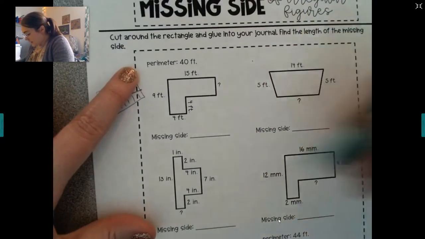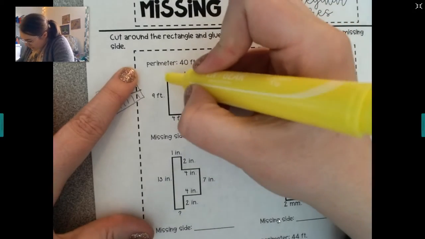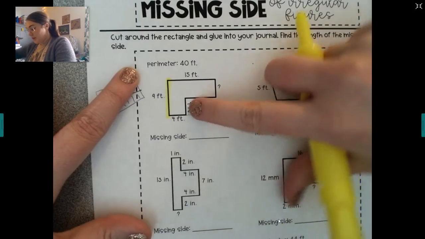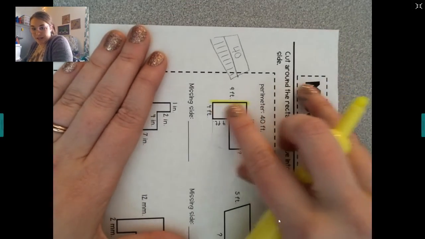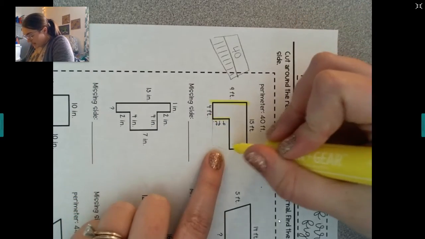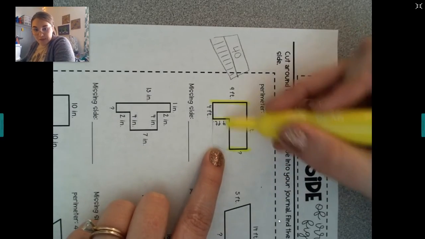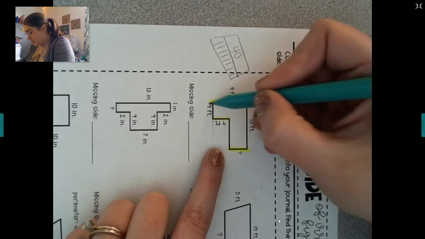If I was to make this a complete square, what would be the whole? In this case, it would be 9. Y'all see that? And then we need to see the other part that lines it up. So I would see, okay, that's the whole. Here's part of it, and this is going to make up the other part of that whole, because if I connected these two lines, they would be the same length as this one.